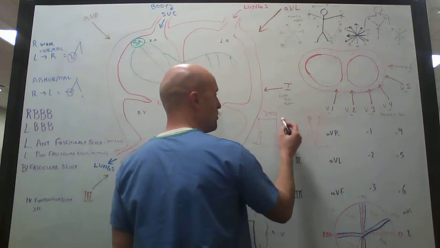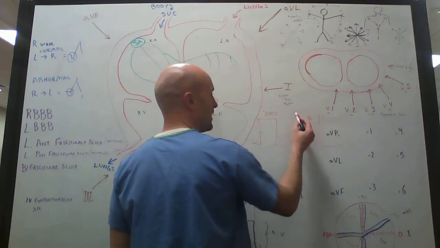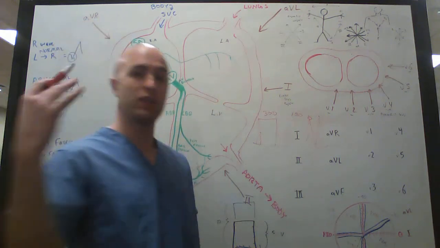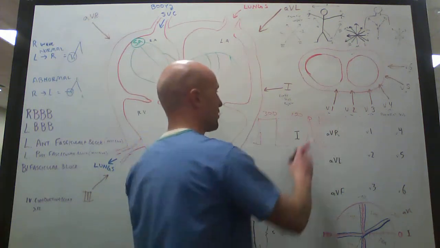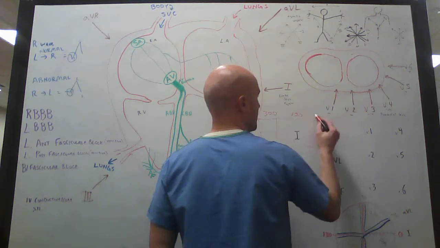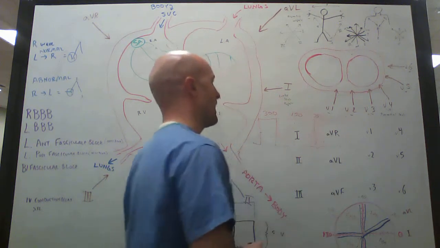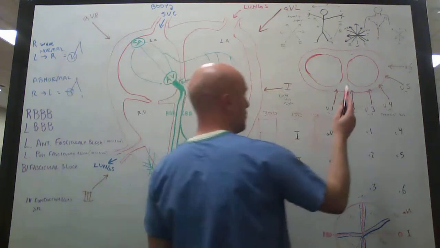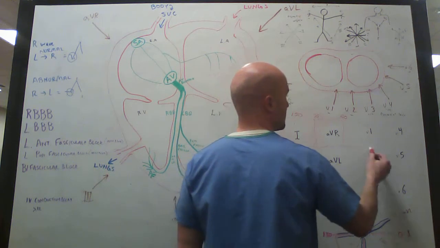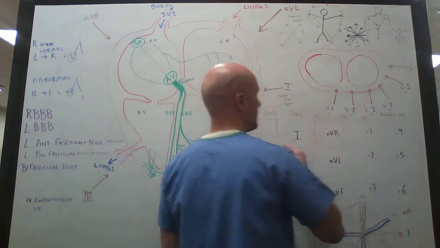If it was 2 boxes across between each peak, that means it'd be 150. If it's 3 boxes across, I believe it's 100. And if it's 4 boxes across, I think it's like 75, and 6 boxes across is going to be 50, and so on and so forth.